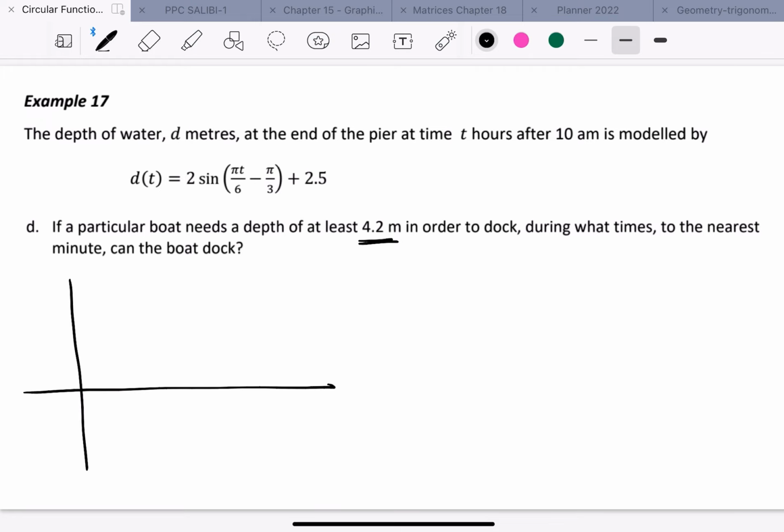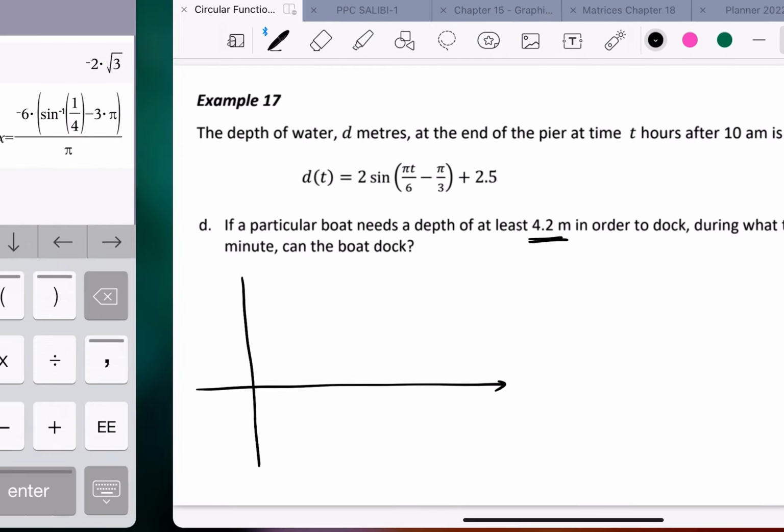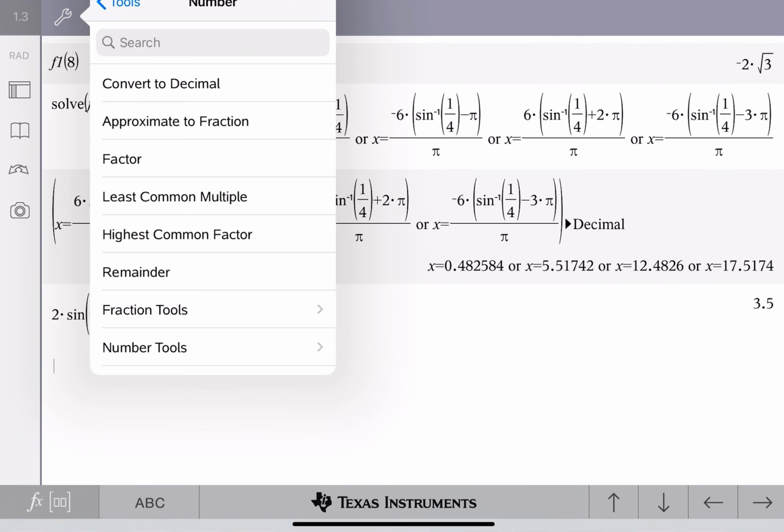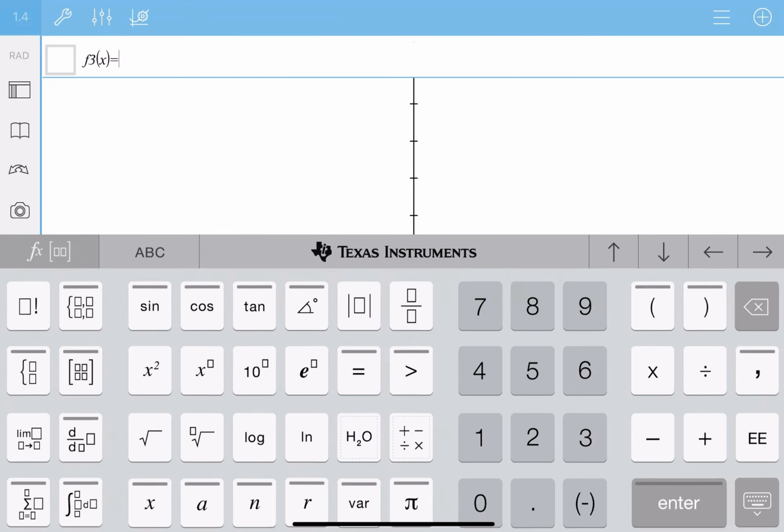I will go ahead and sketch it just so I can have an idea of what the graph actually looks like. So if we go through to our graphs page, I might create a new one so that it doesn't overlap.